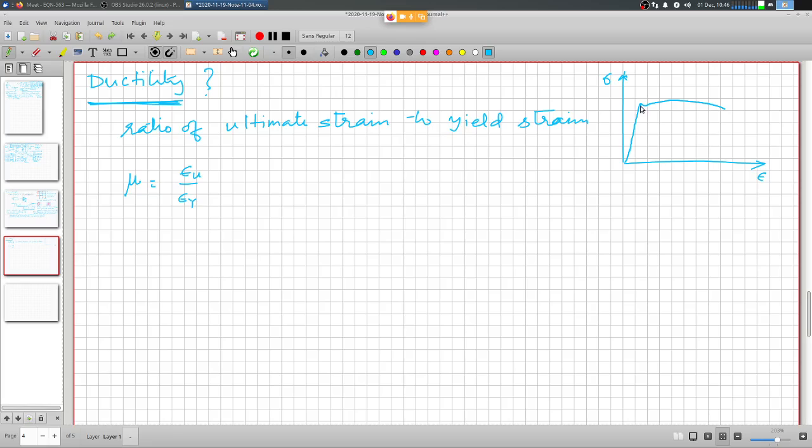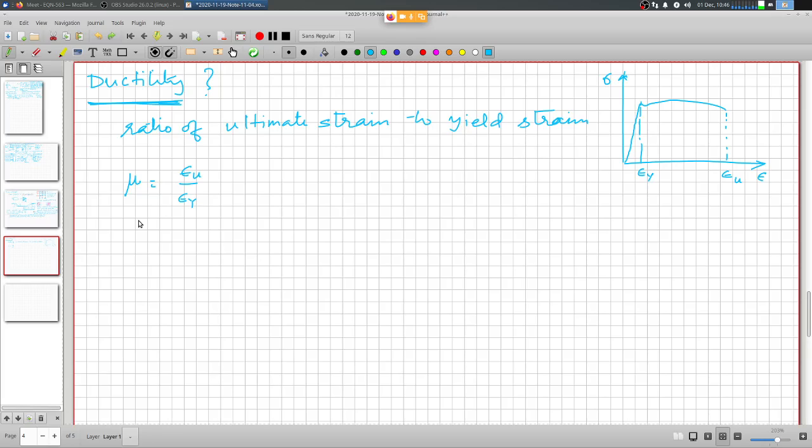So this is epsilon y, this is epsilon ultimate. This ratio, epsilon ultimate divided by the yield strain, is what is referred to as the ductility of the material.